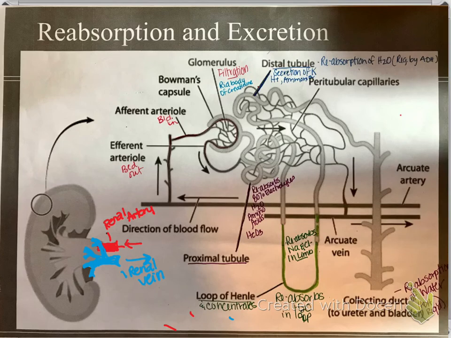So all of this is happening, and if there's damage to this glomerulus, you've got a problem. If there's damage to the tubules, you've got a problem. And like I said, there's lots of these, but if over time lots of them are damaged, then you're going to start to see problems.